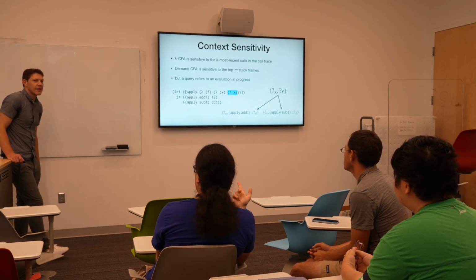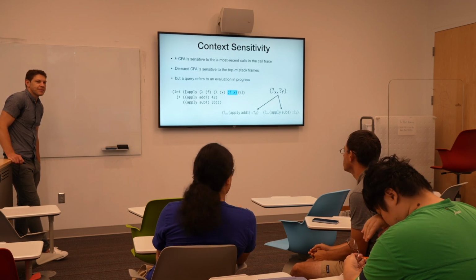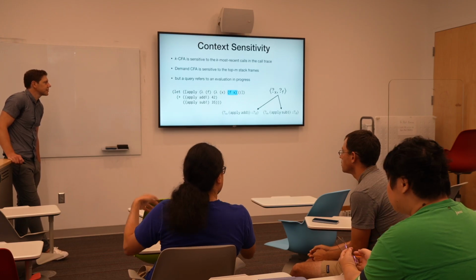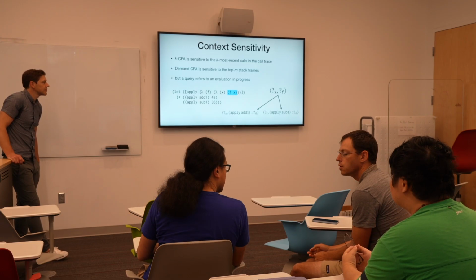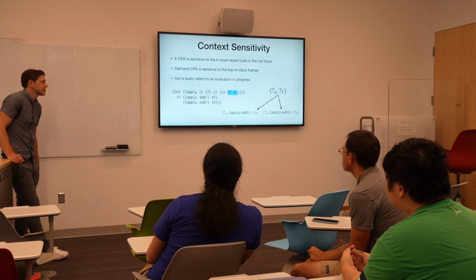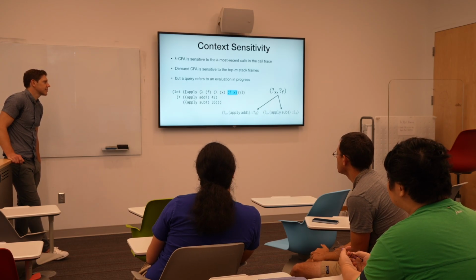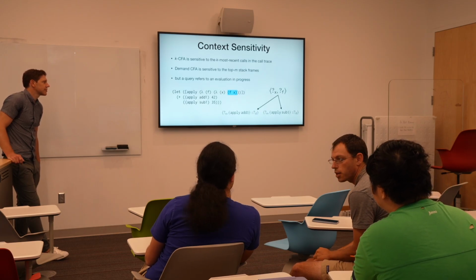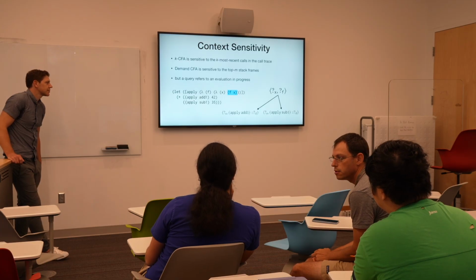Yeah. But I guess I'm still worried because apply add 1 is going to have some lambda. Am I not right that the two different calls to apply are not getting two different lambdas that get either more confused or less confused by the fact that it's curried in this way? What you see is that the thing that flows to apply is the same thing in both cases, which is just the lambda f.